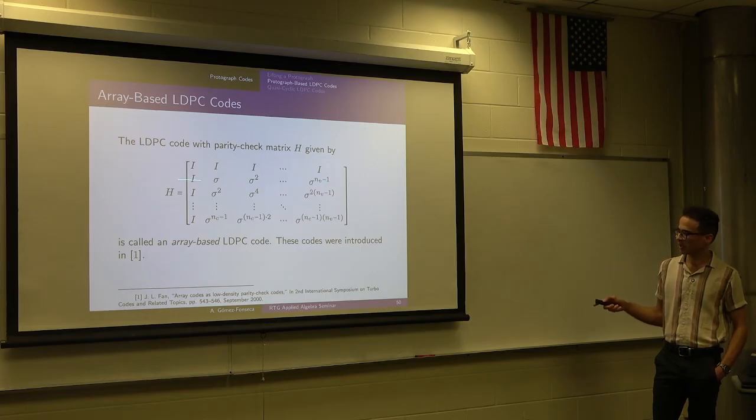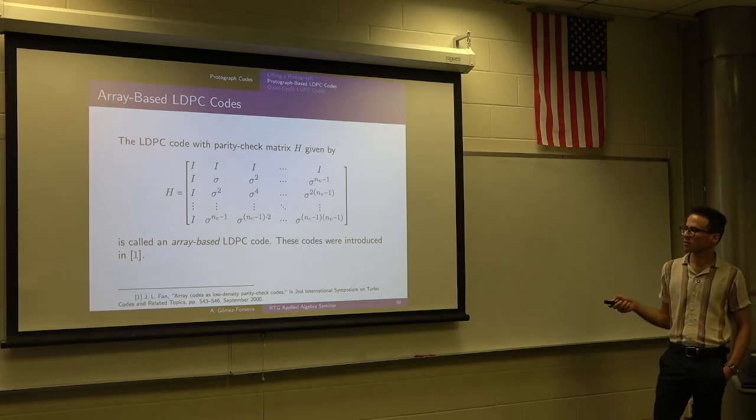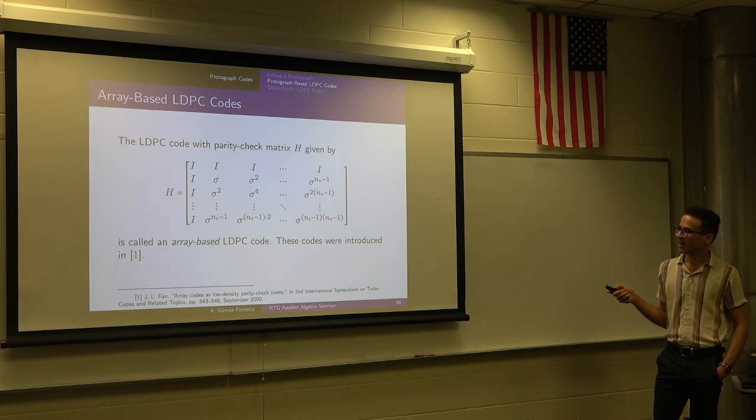Then the exponents in this third row are 2 times the exponents here, and you continue in that way. This is called an array-based LDPC code, and these codes satisfy the property that the girth is not usually small, okay? This code was introduced by Fan in the 2000s, and this is a protograph-based LDPC code.